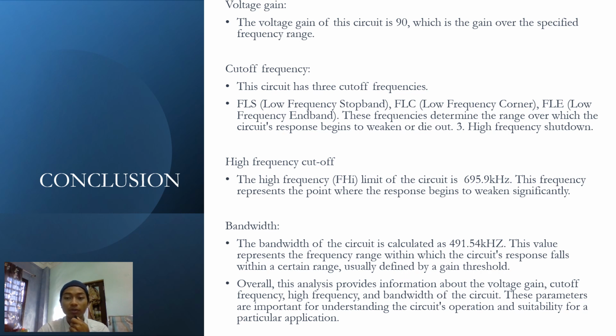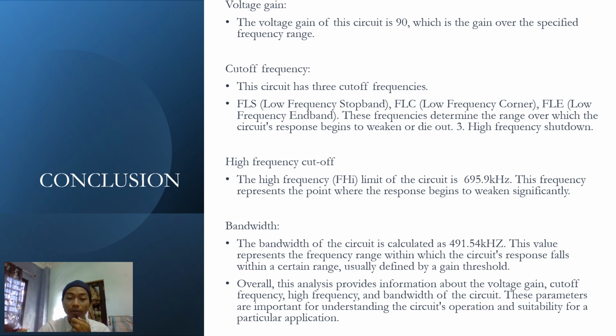All these frequencies determine the range over which the circuit's response begins to weaken or die out. Next is the high frequency cutoff or the FHI, and this frequency shows the point where the response begins to weaken significantly. And for this assignment we get the high frequency is 995.9 kilohertz.